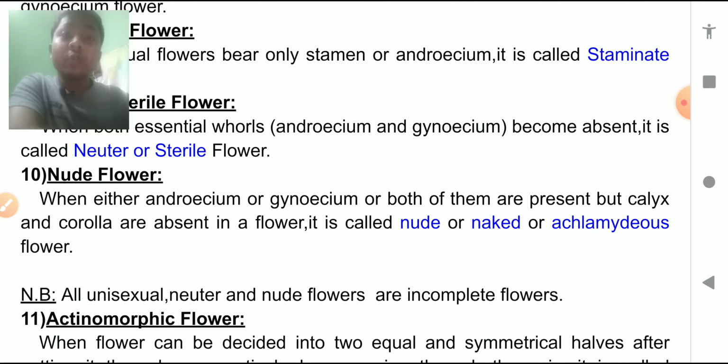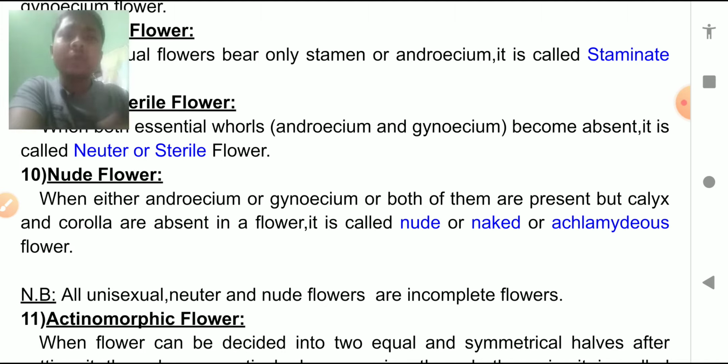You should also remember another terminology, that is achlamydous flower. Sometimes we forget the term achlamydous, because nude and naked are very clearly related to this type of flower. When anyone asks you what is a nude flower, you can easily remember that when calyx and corolla, the accessory whorls, are absent in a flower, it is called nude flower.